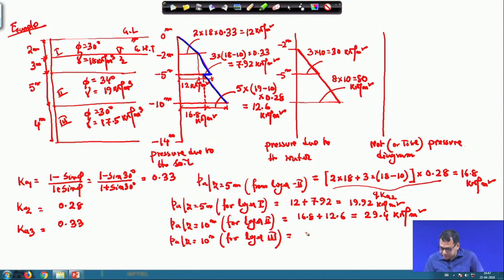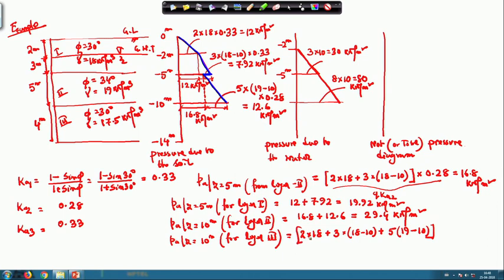So, total overburden pressure is 2 into 18 plus 3 into 18 minus 10 plus 5 into 19 minus 10, and that total is into 0.33. That value is coming out to be 34.65 kilonewton per meter square.